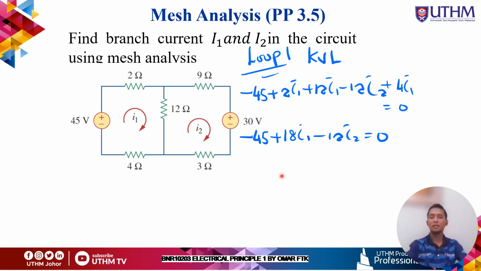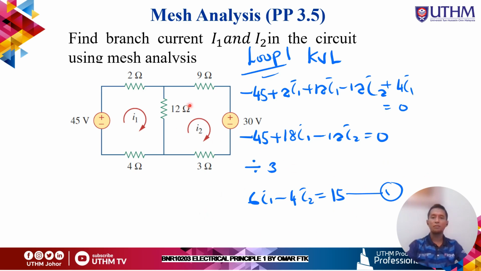So we will have 18 I1 minus 12 I2 equals 45. Then you can divide by 3, which gives 6 I1 minus 4 I2 equals 15. This will be the first equation.